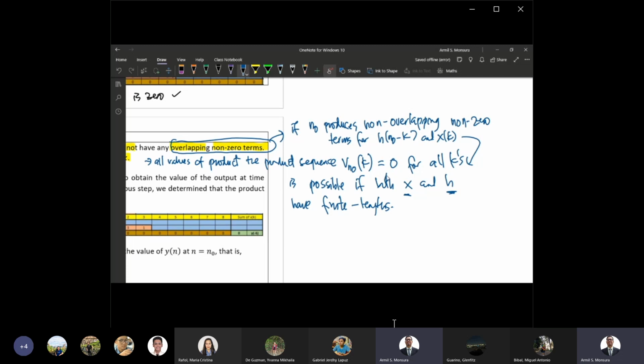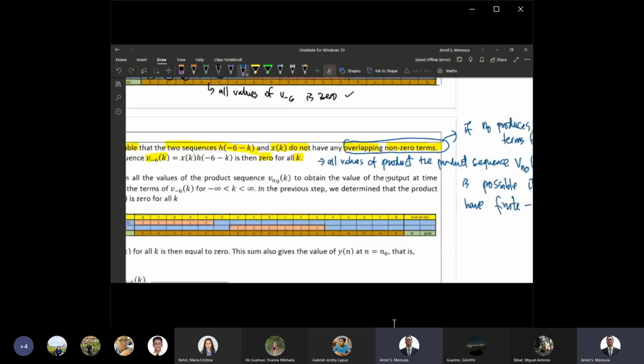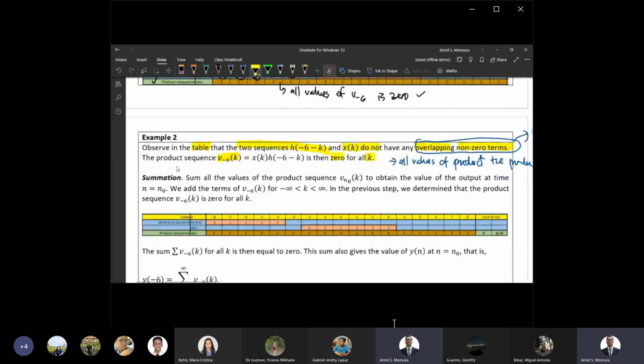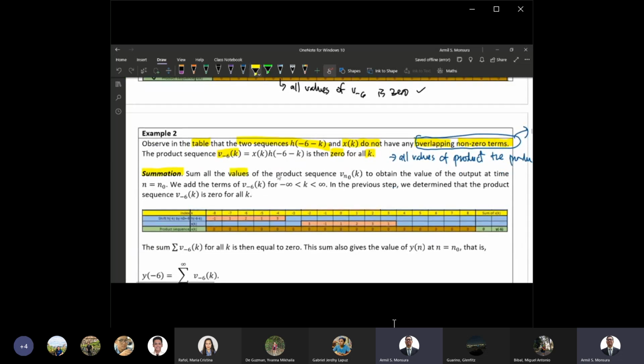So ano bang significance kapag yung product sequence ay 0? Pagdating sa summation, kasi the fourth step is to sum up the values of the product sequence. So ano mangyayari doon?